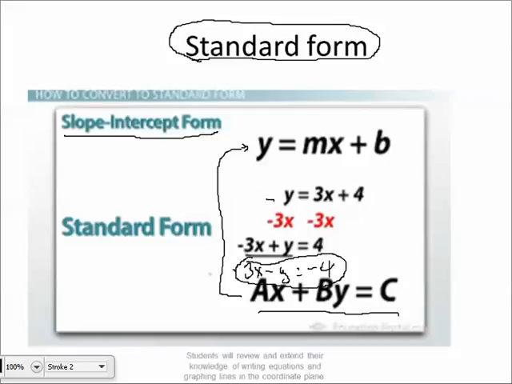I just took a slope-intercept form and turned it into a standard form equation. That's one of the things you're going to be asked to do, to take those and put them in standard form.